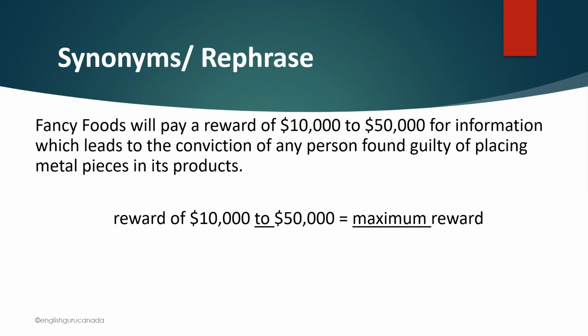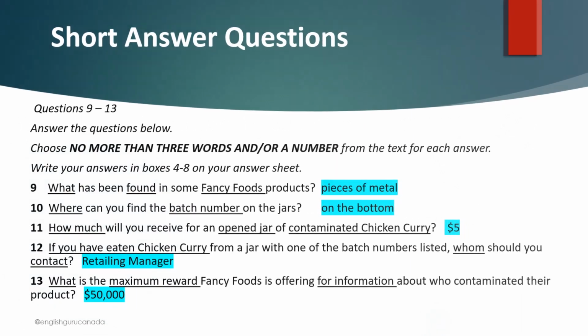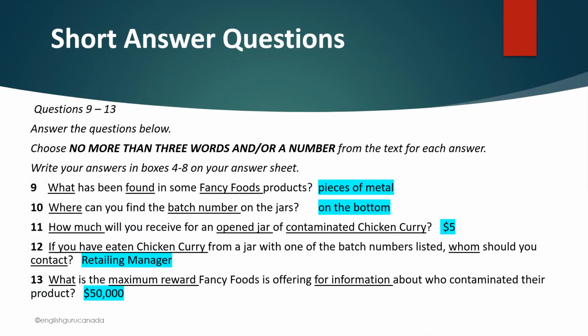So this is a synonym. So up to, minimum is 10,000 and maximum is $50,000. So my answer is going to be $50,000. And I've written it over here, $50,000. Now you could also write it in words, or you could write a number like I've done.